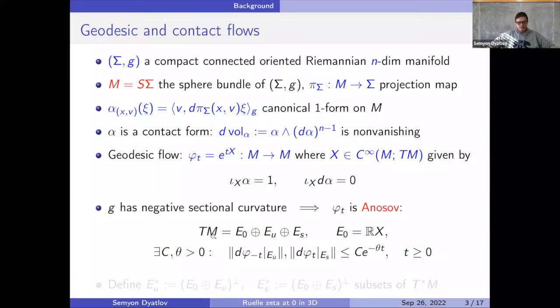But this means that the tangent space to M, which remember itself was the sphere bundle, decomposes into three sub-bundles: the flow direction, E0, the unstable direction, and the stable direction. And then you have exponentially fast contraction of the differential of the geodesic flow on the stable tangent vectors in the forward time direction, and the unstable ones in the backward time direction.